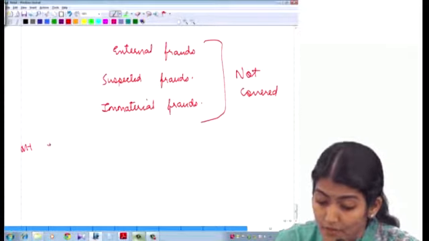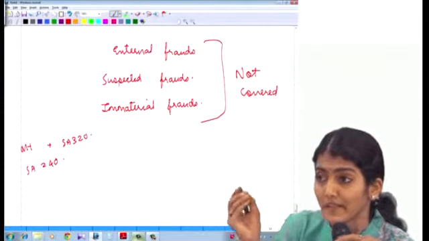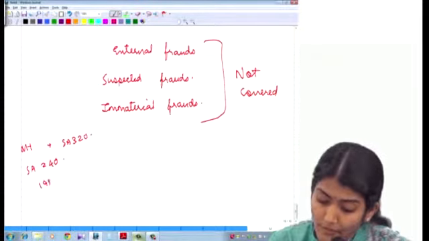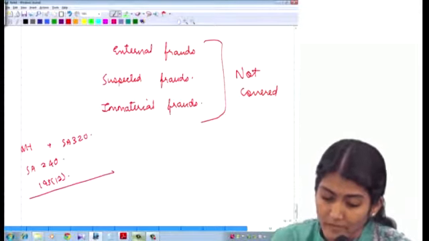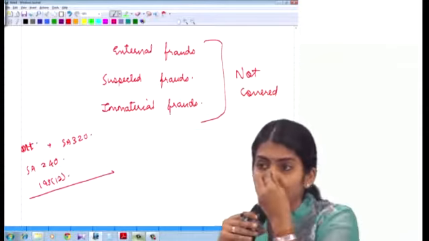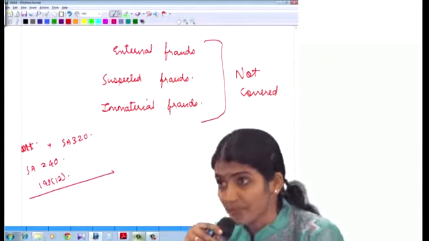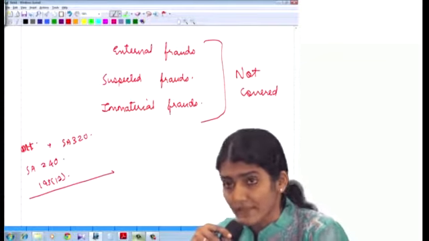Materiality is to be determined in accordance with SA 320. Audit procedures are to be performed in accordance with SA 240. And you also need to consider the reporting responsibilities under 143.12 and the duty to report the fraud to CG. Right? So this is our auditor's lens. You understand?